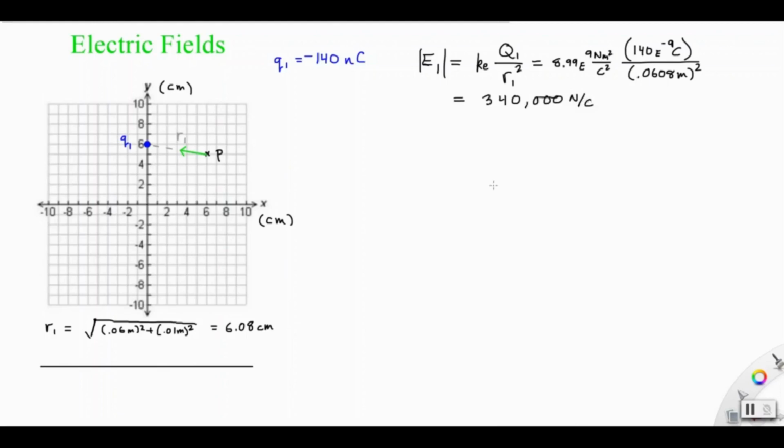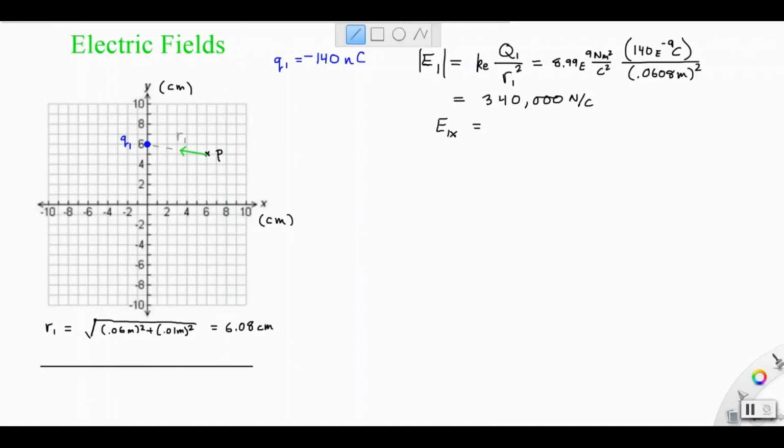Now we don't really have a lot of information about direction on this, but we do have some information on the magnitude of the field here. Let's break this down into components so that we can truly look at the electric field due to point 1 as a vector. The first thing that we'll need is the electric field due to point 1 in the x direction. In order to do this, I always like to draw out my triangle.